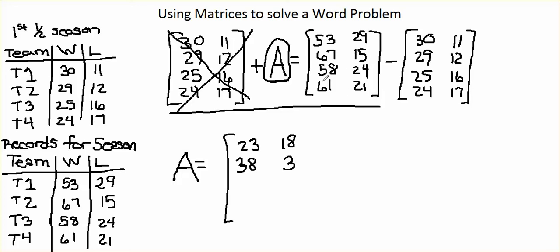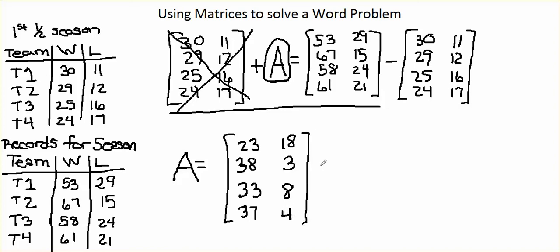Then we have 58 and subtract 25 from that, and we get 33 wins for team 3. 24 losses minus 16 losses is 8 losses. So during the second half of the season, team 3 had 8 losses. 61 wins for team 4 minus 24 is 37 wins for team 4 during the second half of the season. 21 minus 17, 4 losses for team 4.